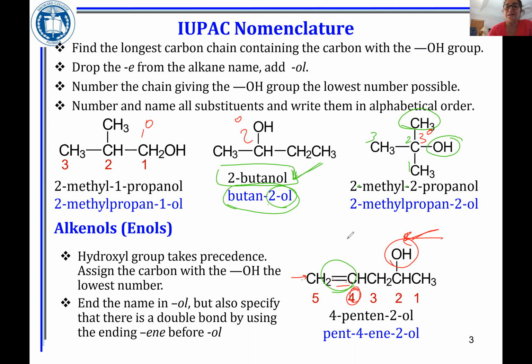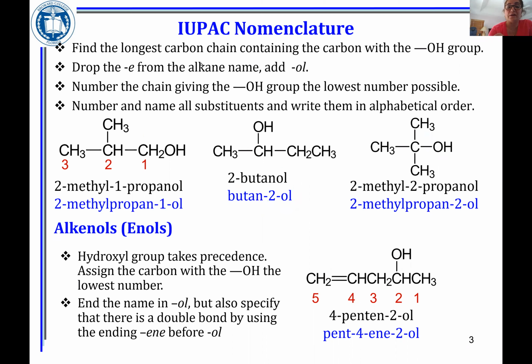For the alkene, you just give the location of the starting carbon. If the carbon double bond is between carbon 4 and 5, you don't have to say 4,5 alkene, because that would mean you have a diene. You just say 4-ene. That means this double bond starts at carbon 4 and ends at carbon 5. It is understood that it's going to be between 4 and 5.